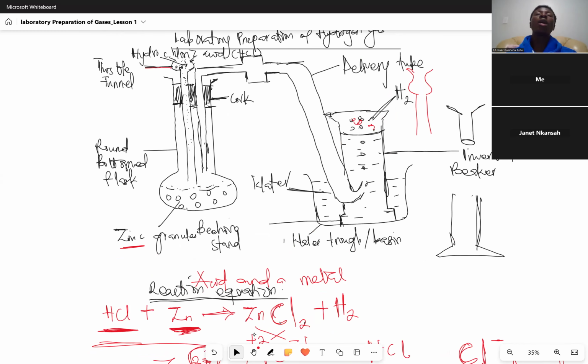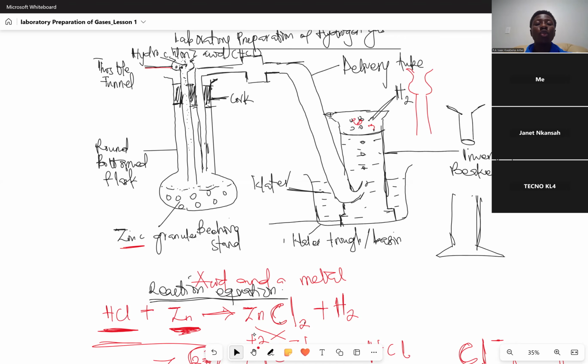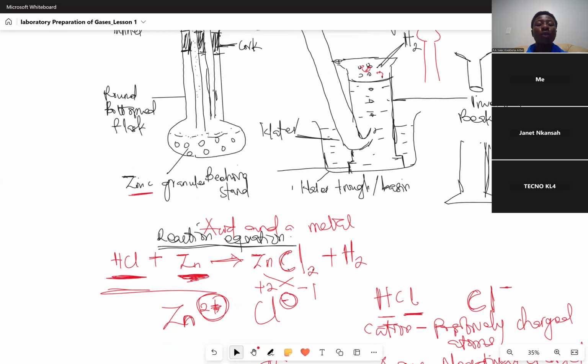We mix an acid with a metal, and that would give you hydrogen gas. We apply a little heat. So right here, we are showing with a chemical equation that when you react a metal with an acid, hydrogen gas is produced. So that's what we're literally doing.